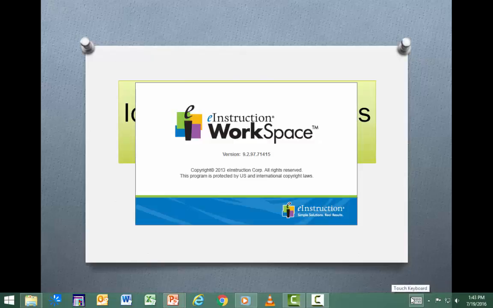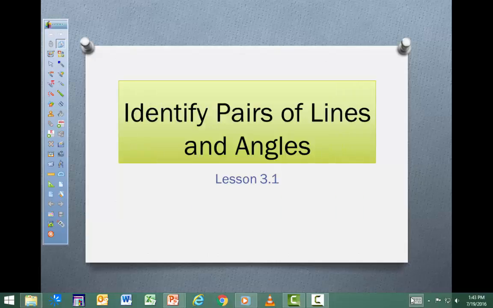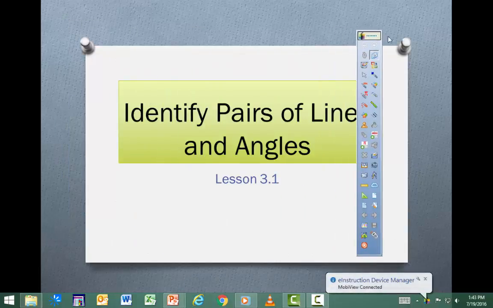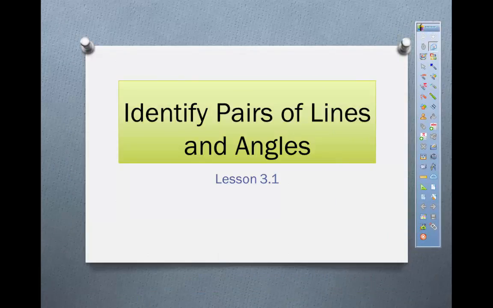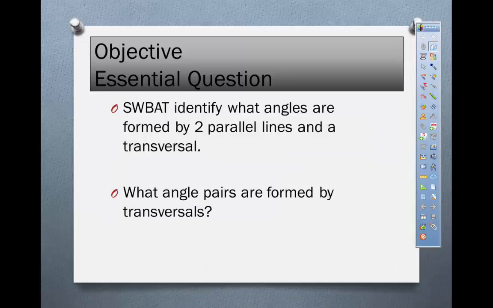Identify pairs of lines. Well, I think some of this you've had before in the past, so hopefully this will be review for the most part. So our objective today, students, will identify angles that are formed by two parallel lines and a transversal.